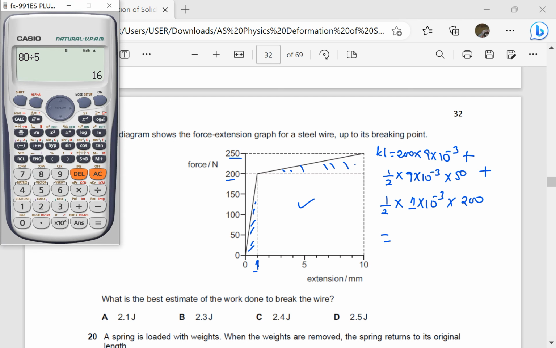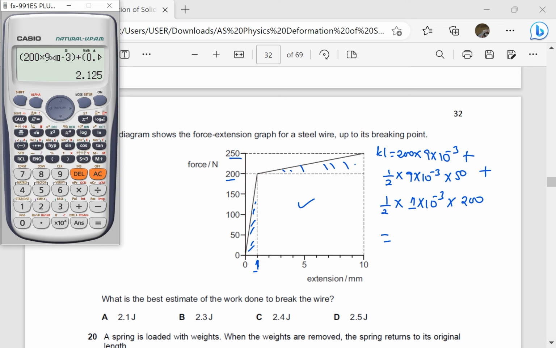So let's find the total there. The first area is 200 times 9 exponent negative 3, plus the second area is 0.5 times 50 times 9 exponent negative 3, plus the third area is 0.5 times 200 times 1 exponent negative 3.